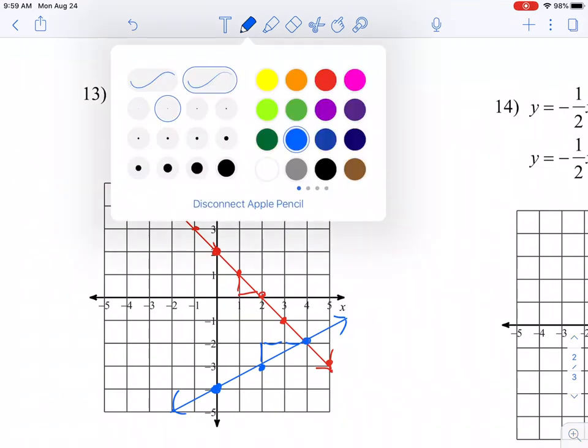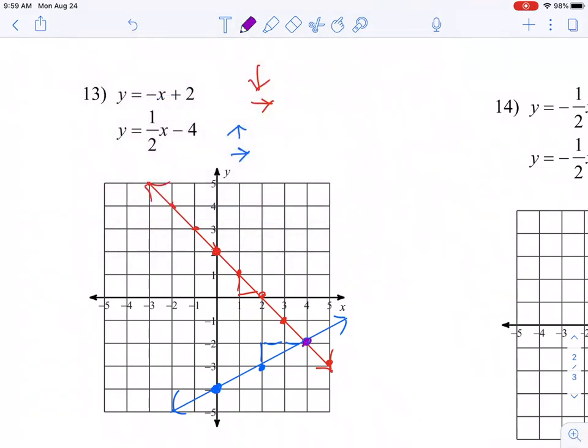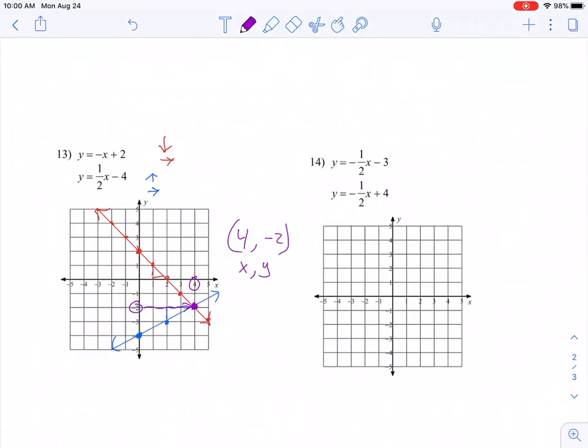And then I'm looking for where do they overlap, where do I have red and blue. And then I'm describing it by saying my x value, which is 4. So I'm going to say 4, comma, my y value, which is -2. So 4, comma, -2 is the solution to that system.